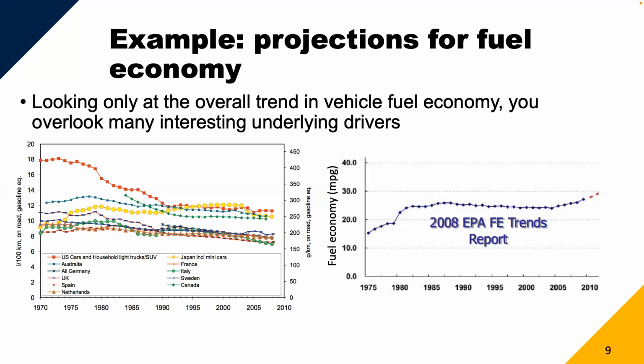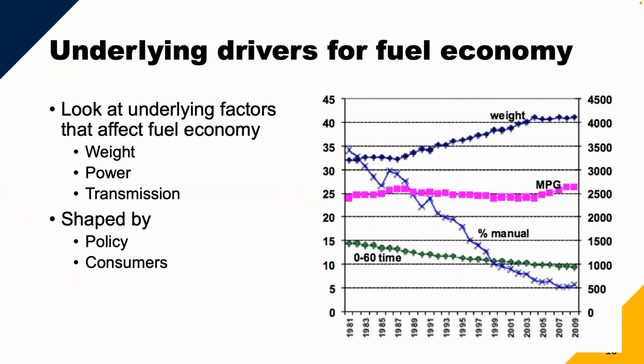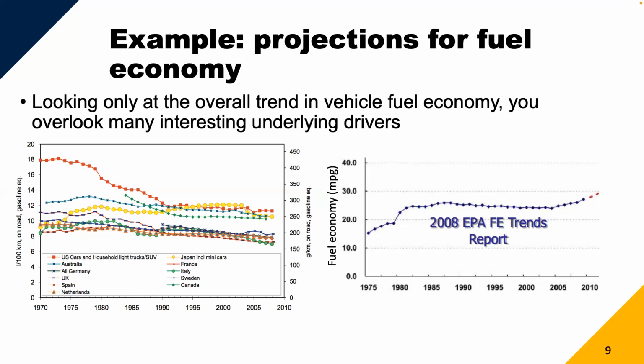Okay, so back to this. We'll think about this still in the context of MPG here. One of the problems with the top-down approach when it comes to MPG, if I were to look at this trend compared to many other countries over this time period from the 1980s to the mid-2000s, you can see that fuel economy was pretty flat, okay?